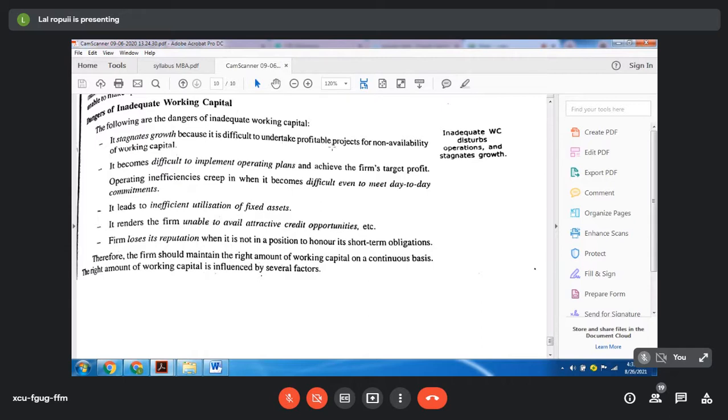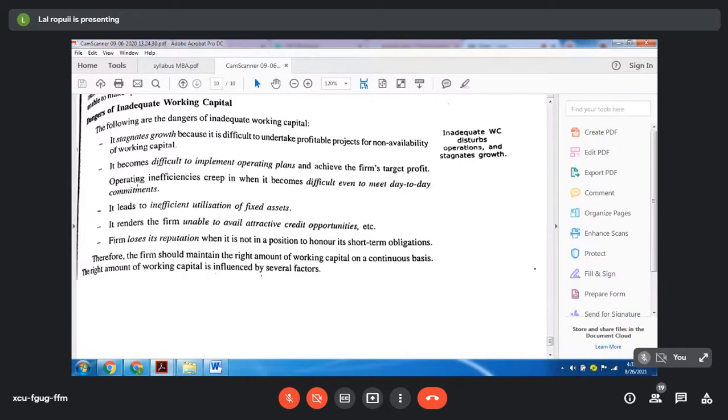So it is difficult to undertake profitable projects for non-availability of working capital. It becomes difficult to implement operating plans and achieve the firm's target profit. If you do not have enough working capital, it becomes difficult to implement your plans, and it is not good.